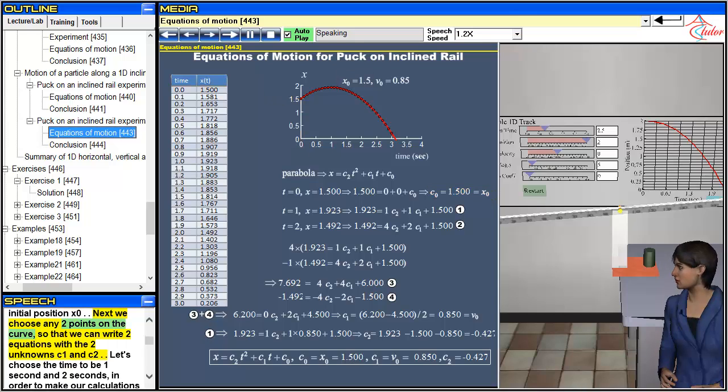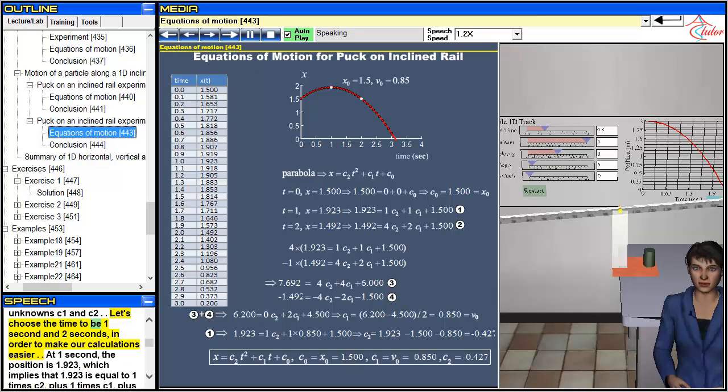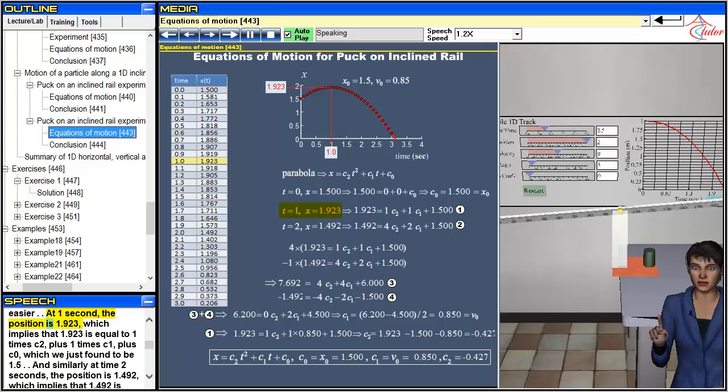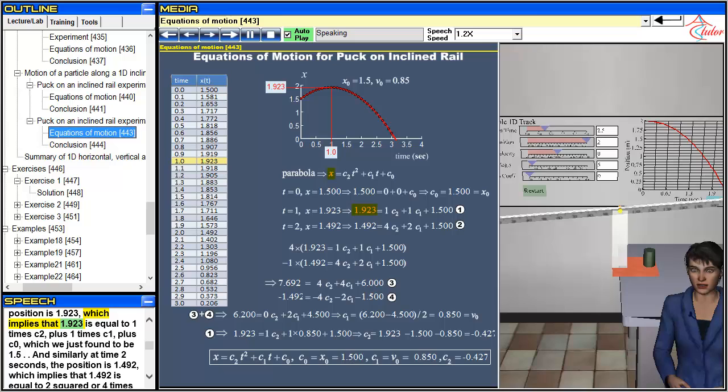Next we choose any 2 points on the curve, so that we can write two equations with the two unknowns c1 and c2. Let's choose the time to be 1 second and 2 seconds, in order to make our calculations easier. At 1 second, the position is 1.923, which implies that 1.923 is equal to 1 times c2, plus 1 times c1, plus c0, which we just found to be 1.5.